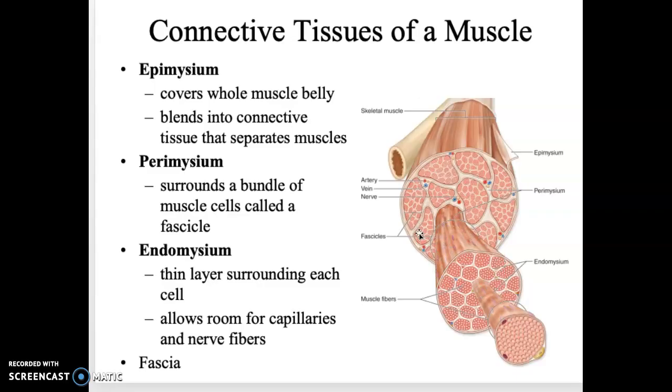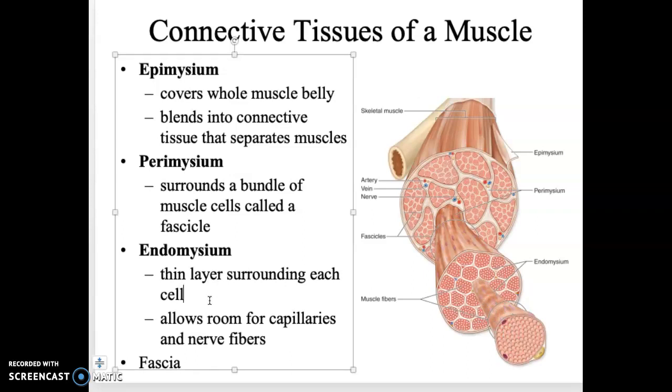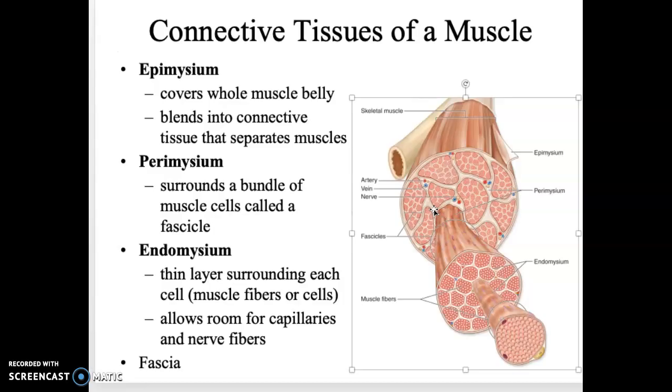You can see there are multiple fascicles in the whole muscle belly here. Each little fascicle is surrounded with the perimysium. Peri means around. And then around each individual muscle fiber is what we call endomysium. So this is surrounding each individual muscle cell. You might see muscle cells written as muscle fibers or cells. Same thing. And then we have other fascia that lie within the muscle.